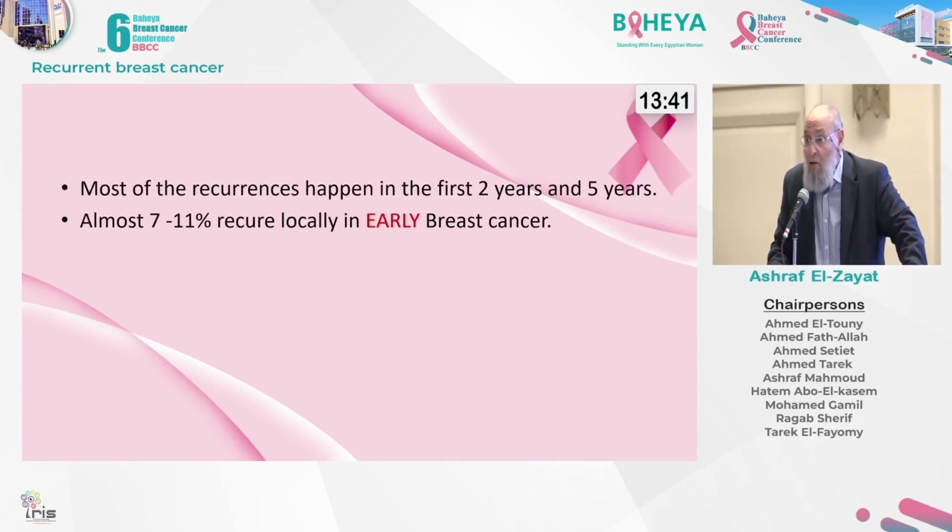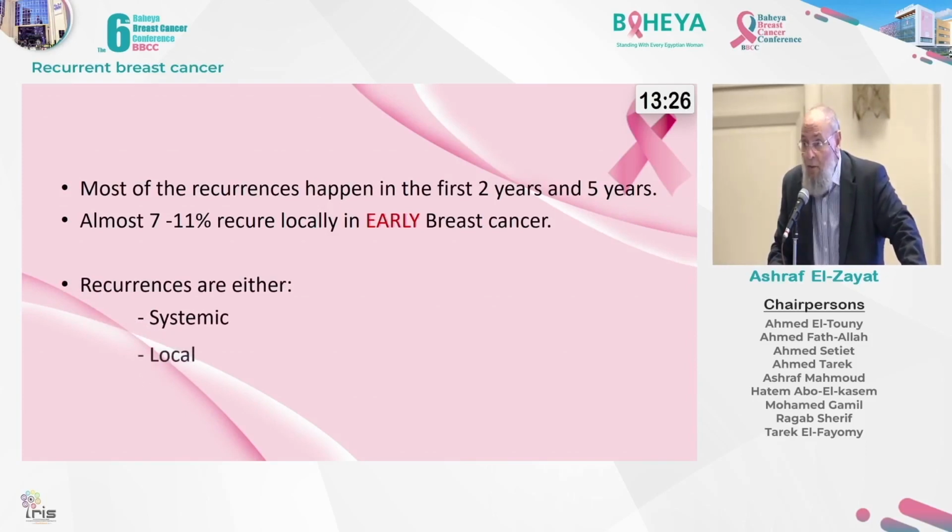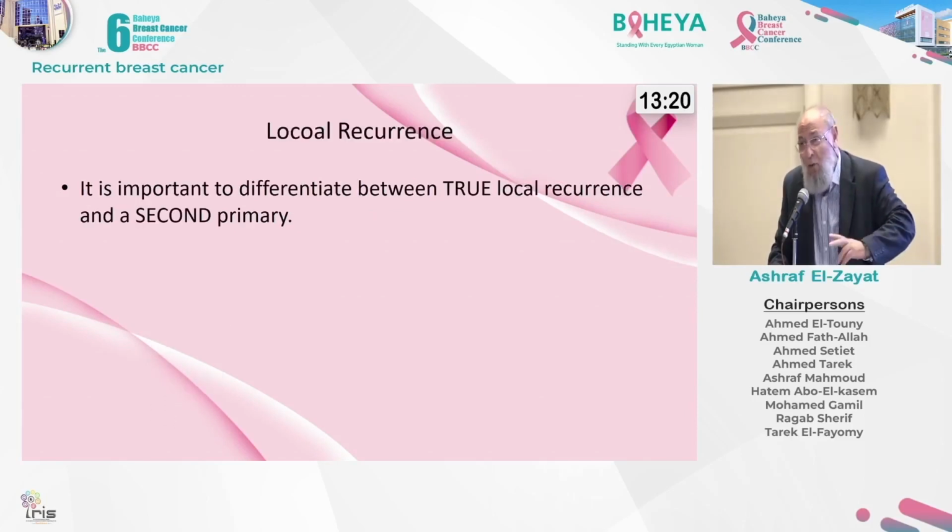Most of the recurrences happen in the first 2 years. It is a big peak and then followed by another peak after 5 years, because most of the recurrences will happen in the first 2 years, maybe also within 5 years. Recurrence is either a systemic recurrence, distant metastasis, a local recurrence, or a regional recurrence. The guidelines for investigations are similar, yet the actual plan of management will differ slightly.